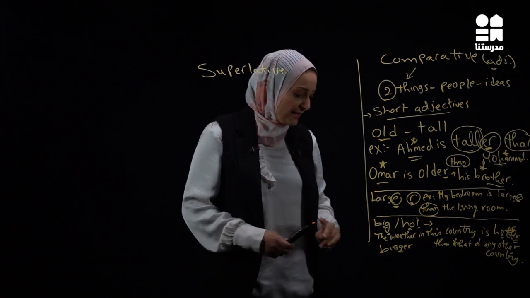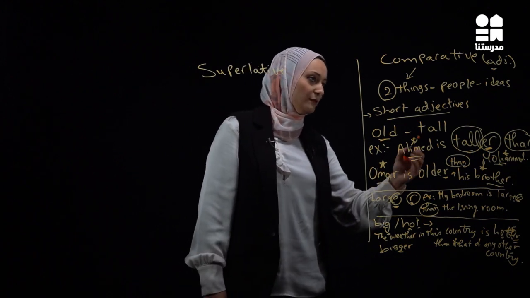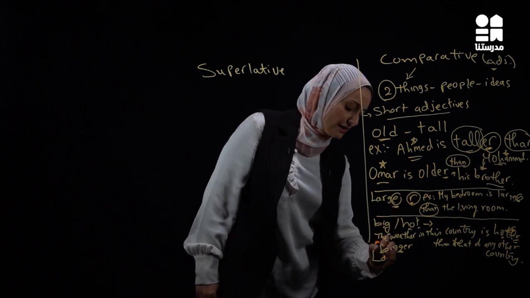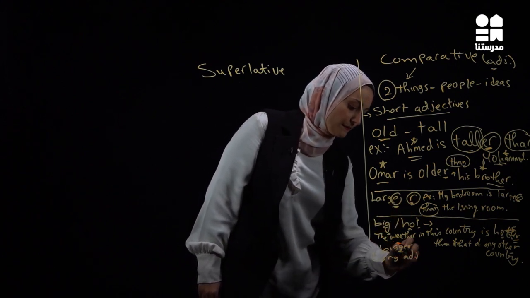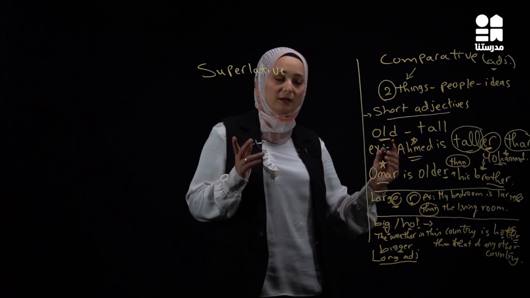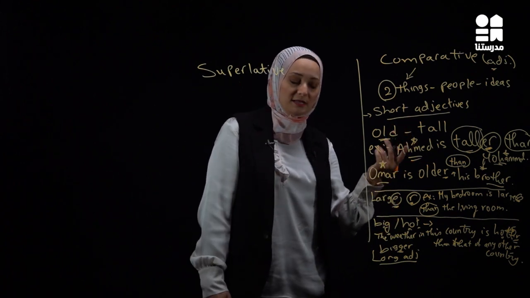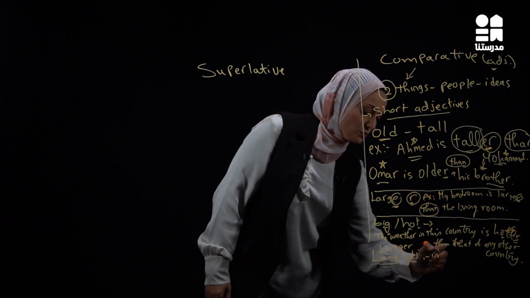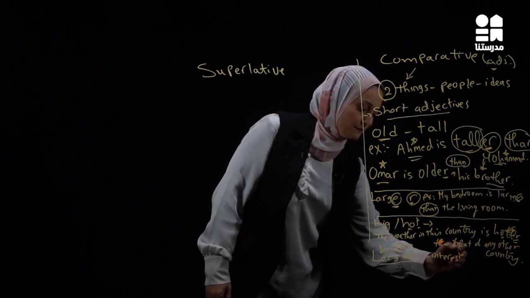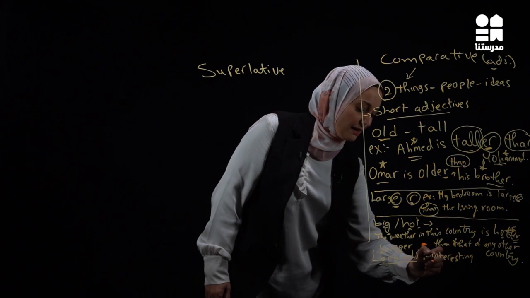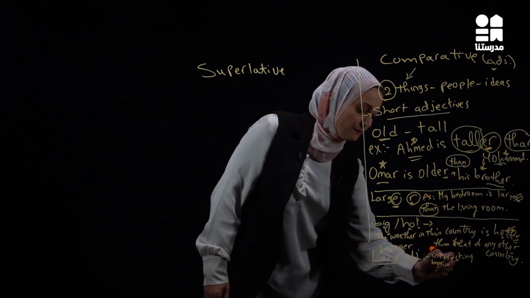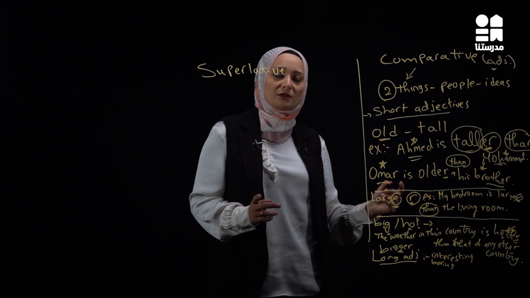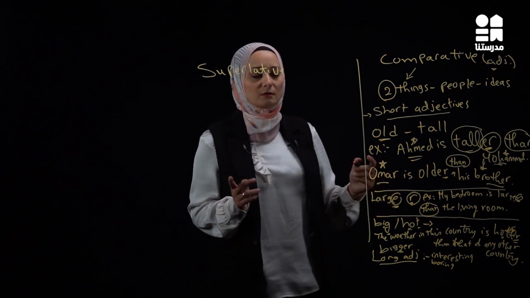Okay, what if I have a long adjective? الادجكتيف طويل مش هينفع ازود ER. مثلا example I have interesting. I have boring. These are long adjectives. I cannot say interestinger, boringer.